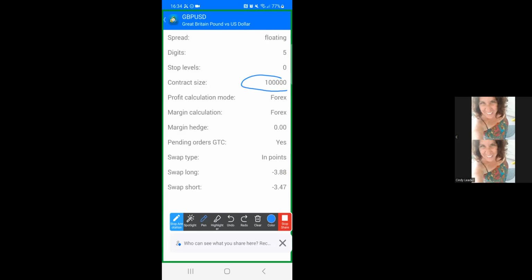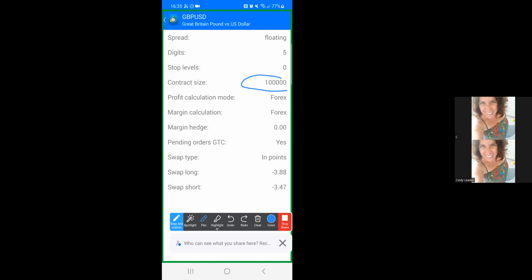And really what that means is just the size of the transaction that's being traded by the brokers. They deal in standard contract sizes of 100,000. Well, here's the thing.